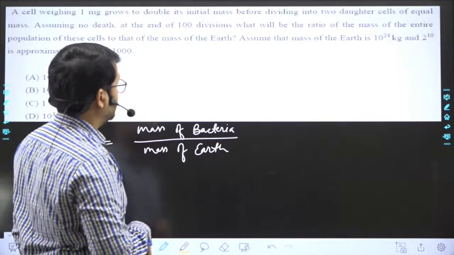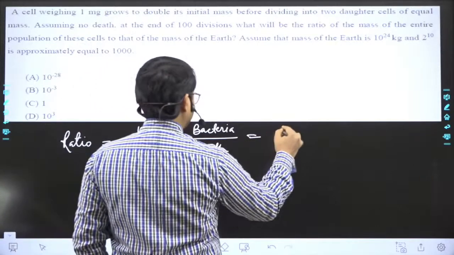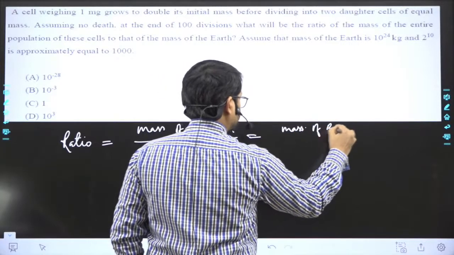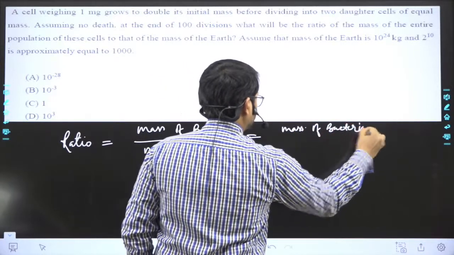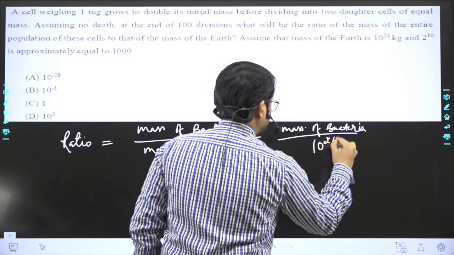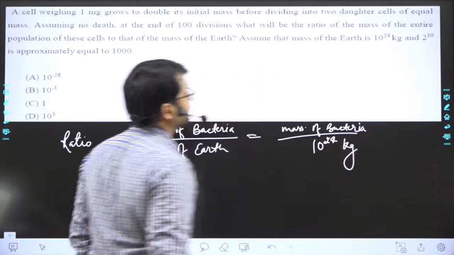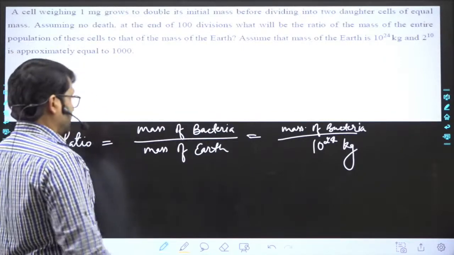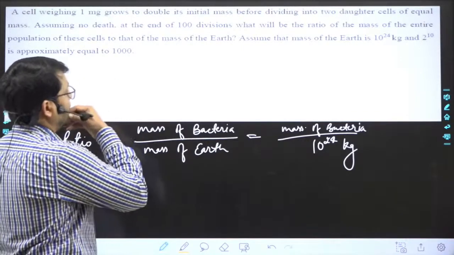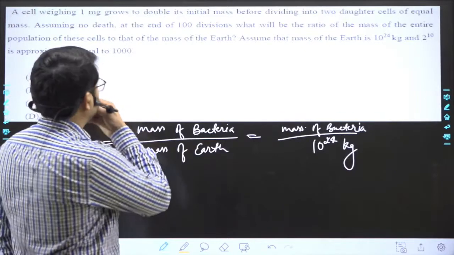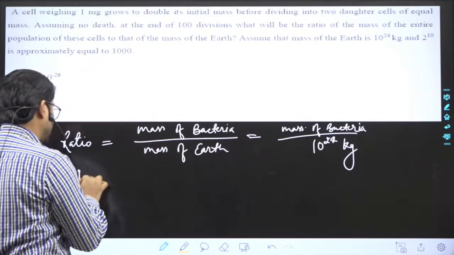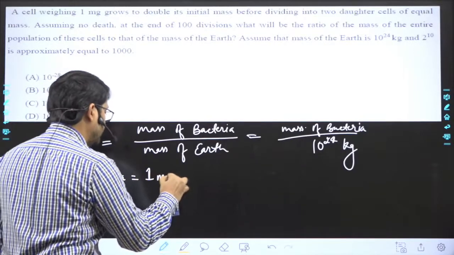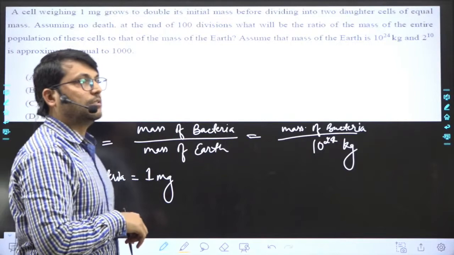This is what is being asked. The mass of Earth has been given as 10 to the power 24 kg. Very good. The mass of bacteria we have to calculate, and for that we have been given the mass of one bacterium. How much is one bacterium? 1 milligram. This is what is given.